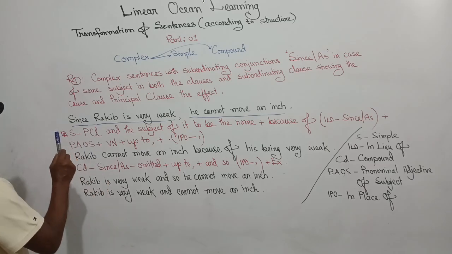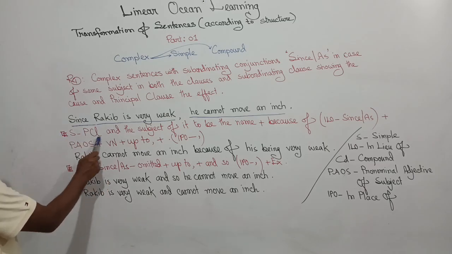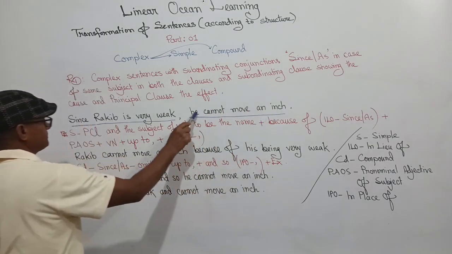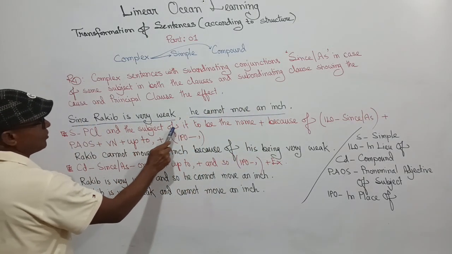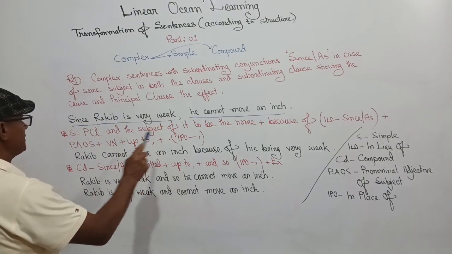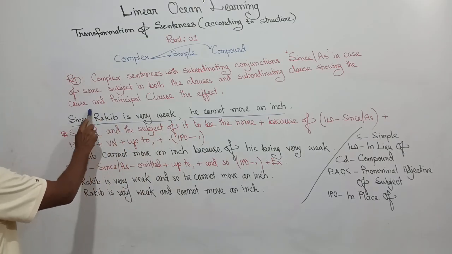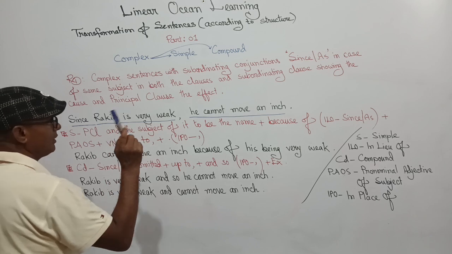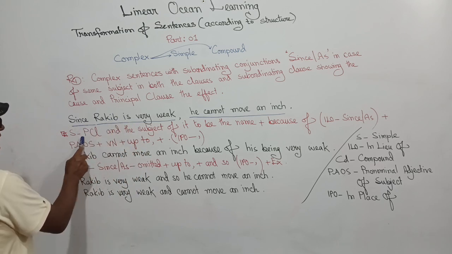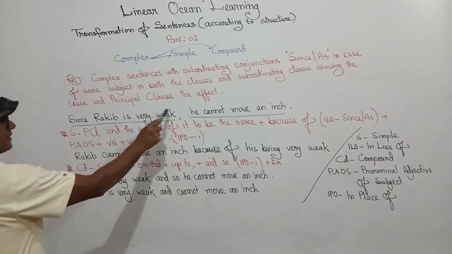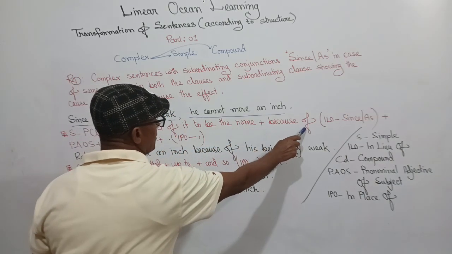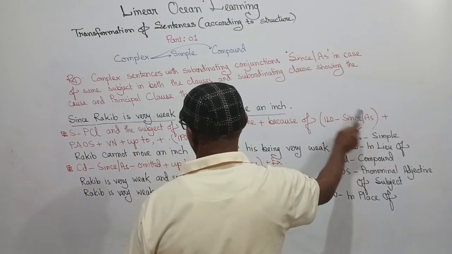Now let's get started. Simple sentence. PCL. What is PCL here? He cannot move an inch. And the subject of it to be the name. What is the name here? Subject is Rakib. So, in case of the principal clause, subject Rakib will be used in place of he, plus because of, ILO, since or as.